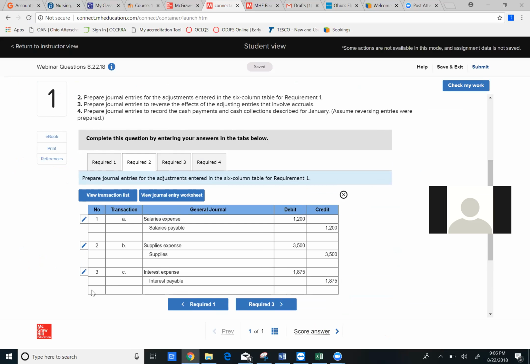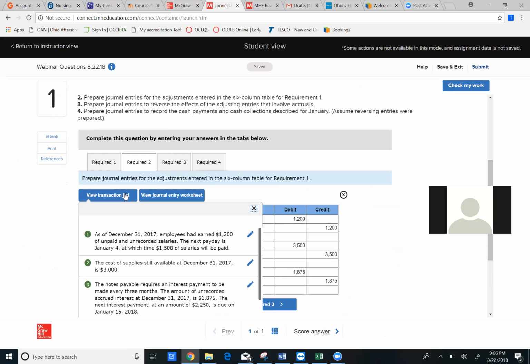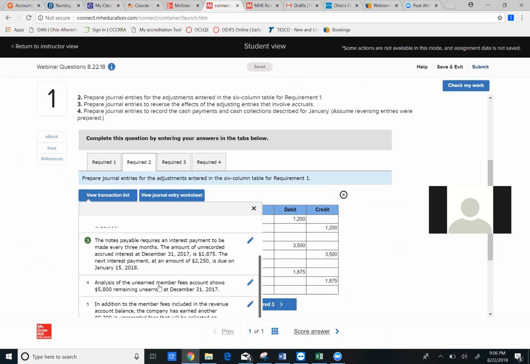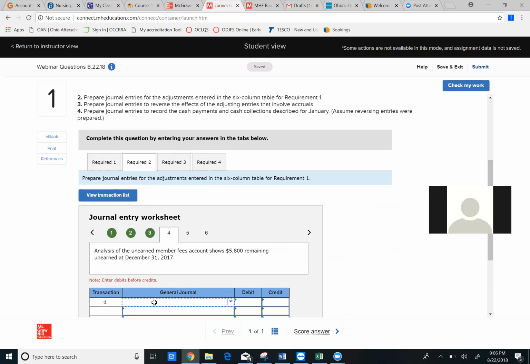All right. So we're going to view transaction list. We're going to go to this next one. So unearned. I got too many computers. And this was 9,200. And this was member fees, I think.